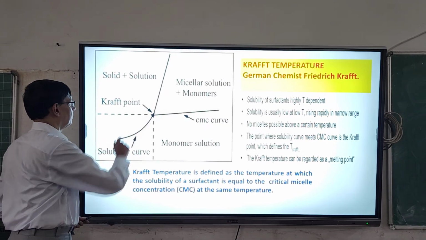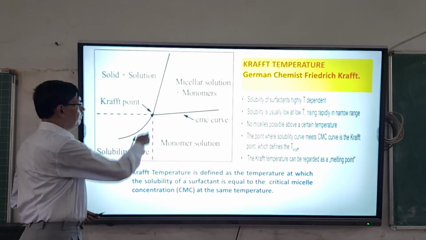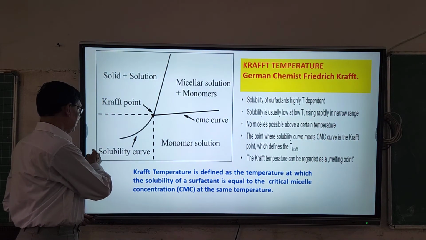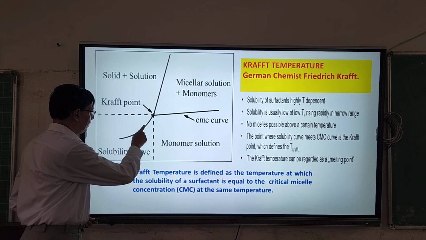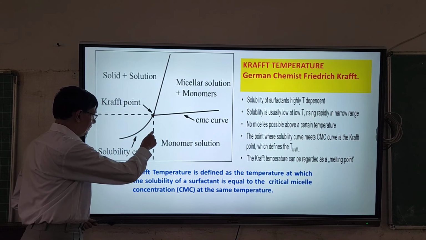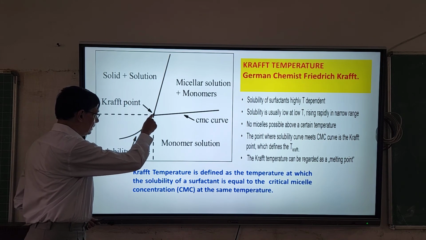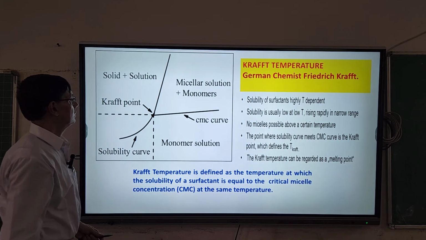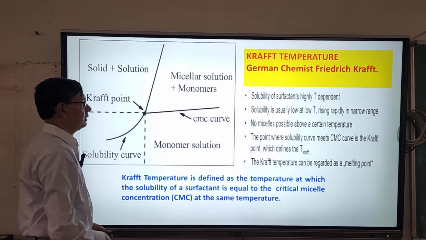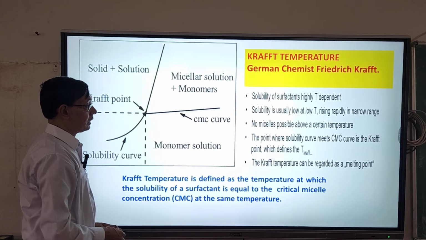Suppose this is the solubility curve and this is the CMC. So when you increase the temperature, at a particular point when this value is equal to the CMC, that is called the Kraft temperature.